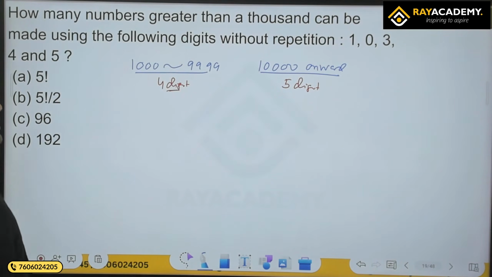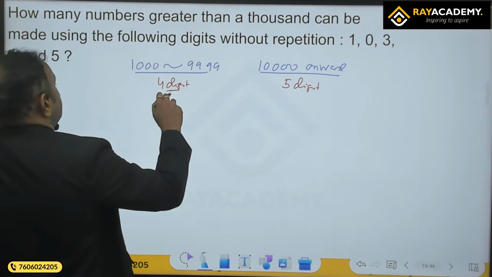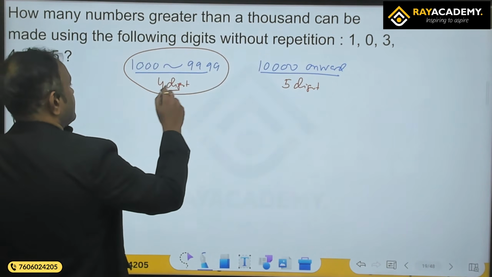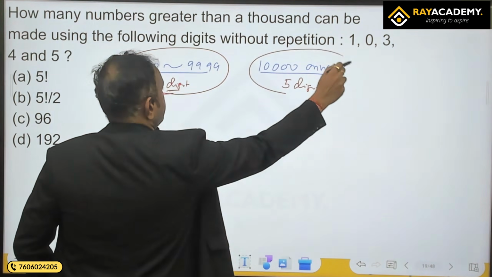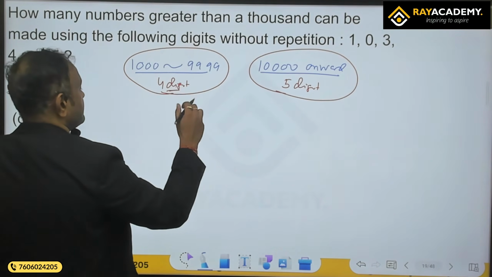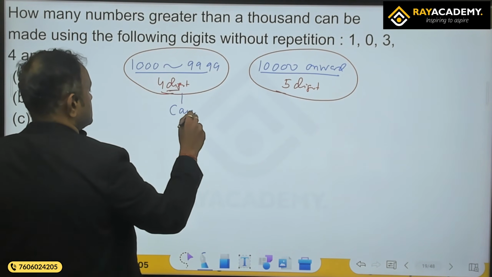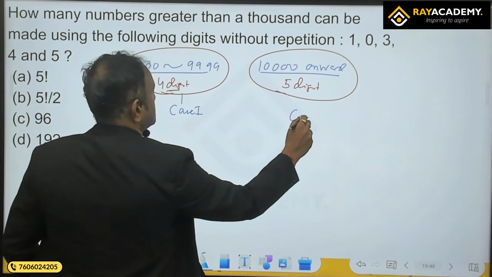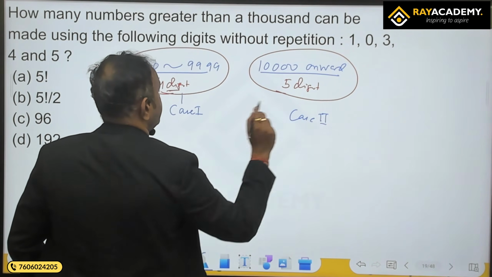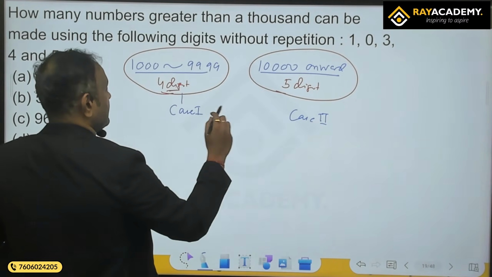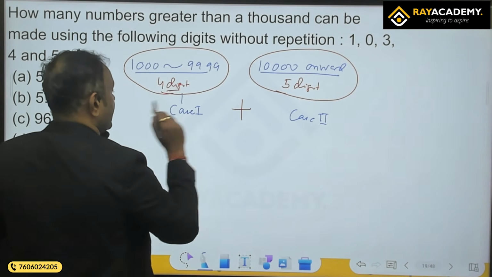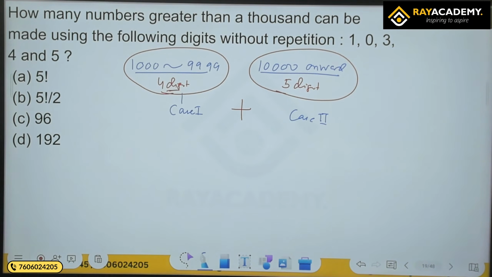So these are two parts: either a 4-digit number can be formed or a 5-digit number can be formed. This is case 1, this is case 2. So we have to do the arrangement for both cases, and then since it is either/or, they have to be added. Case 1 or case 2.